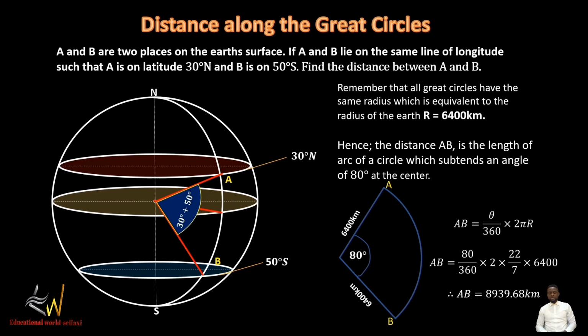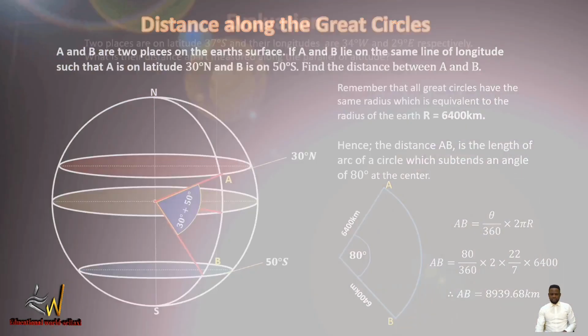That r is the radius of the Earth, while theta is 80 degrees. Substituting the values where necessary, the distance AB will simply be 8,939.68 kilometers. As simple as that.